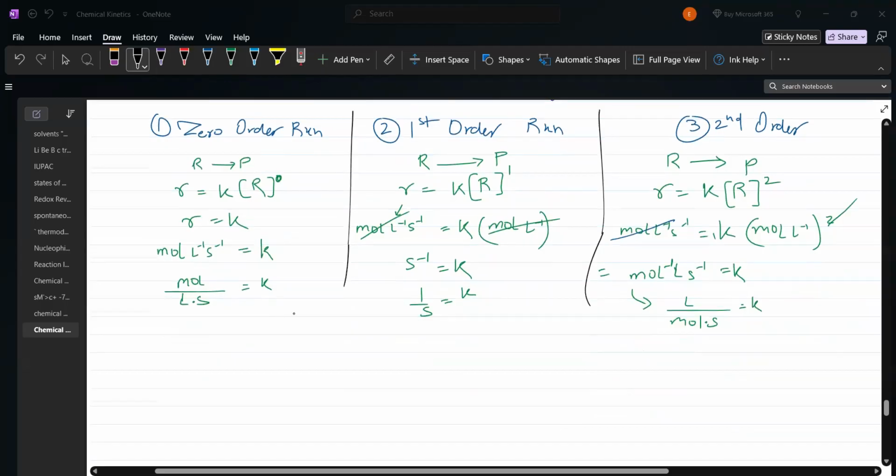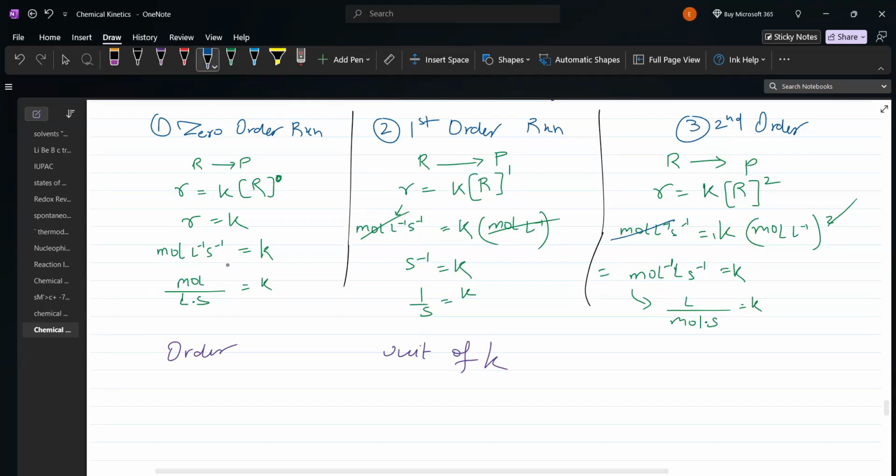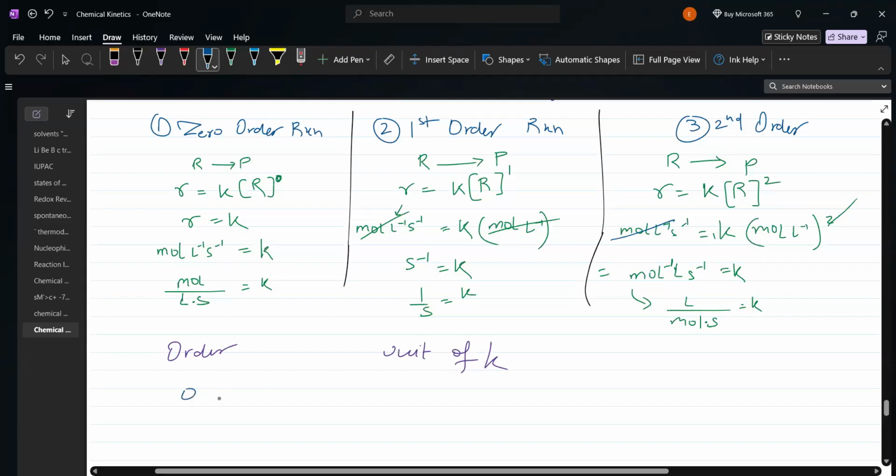Done till here? Order and unit of K. These two, zero order and first order, are very important. If it is 0, then the unit of K will be mole per liter second inverse. If it is 1, then it is second inverse.